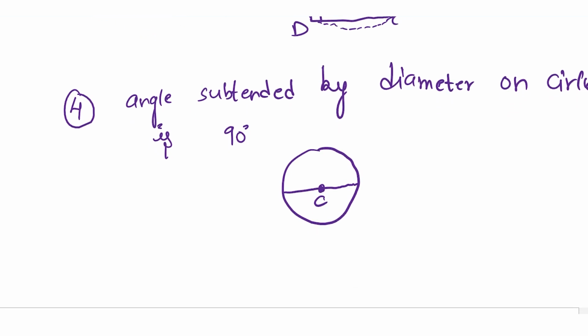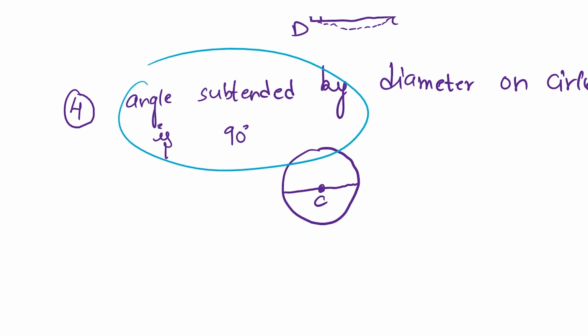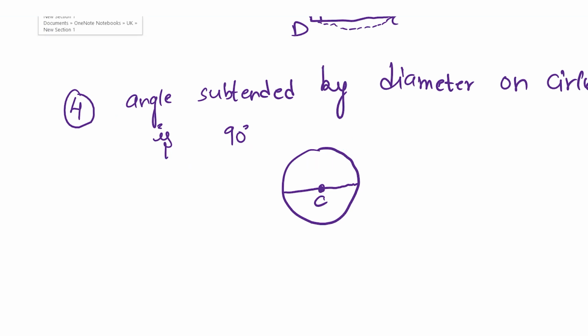So what that theorem states is, this diameter makes an angle of 90 degrees on the circle. This angle will be 90 degrees. This is a fact.